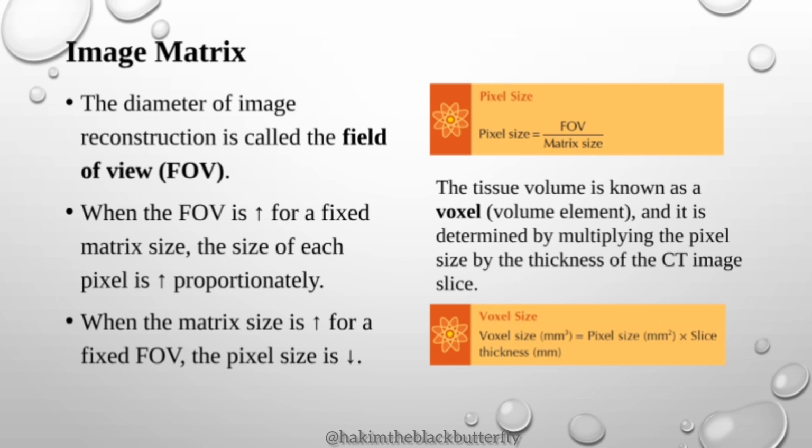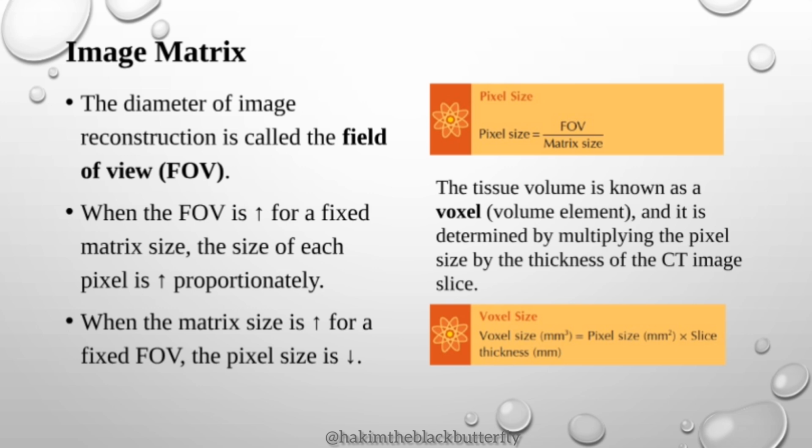The image matrix tells us the number of pixels that are displaying an image. The diameter of image reconstruction is called the field of view.